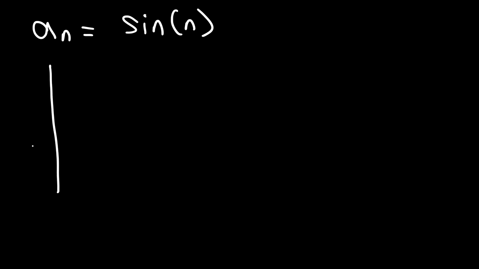Now let's look at another example, and that is sine n. Determine if the sequence is monotonic and if it's bounded, and at the same time determine if it's convergent. So let's graph the corresponding function sine x.